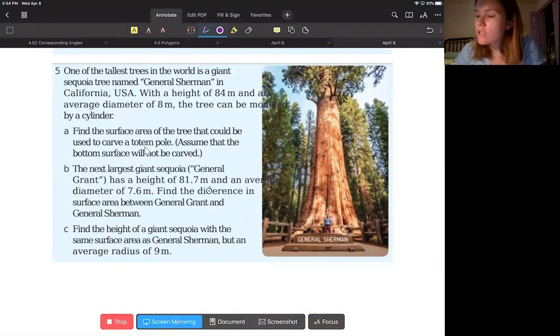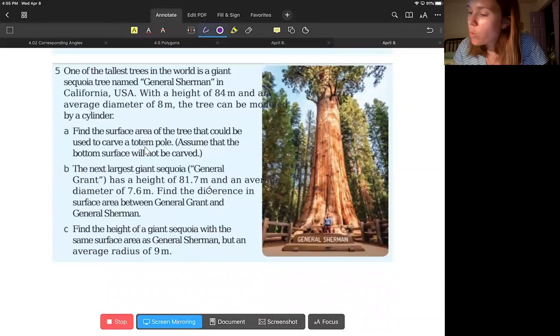One of the tallest trees in the world is a giant sequoia tree named General Sherman in California, USA. With a height of 84 meters and an average diameter of 8 meters, the tree can be modeled by a cylinder.